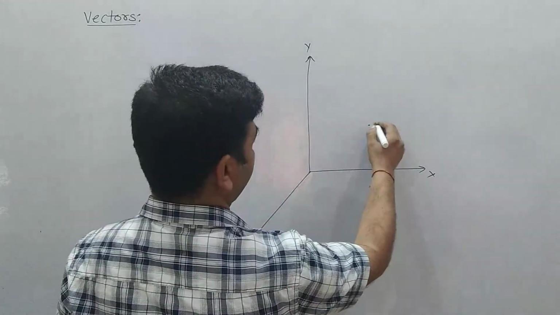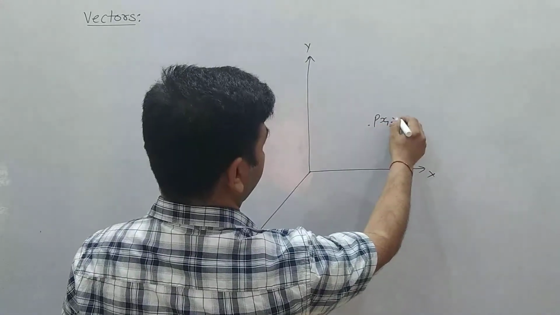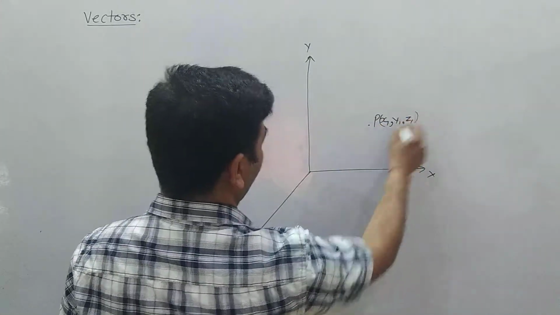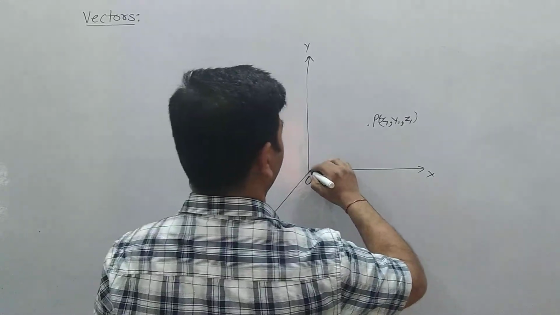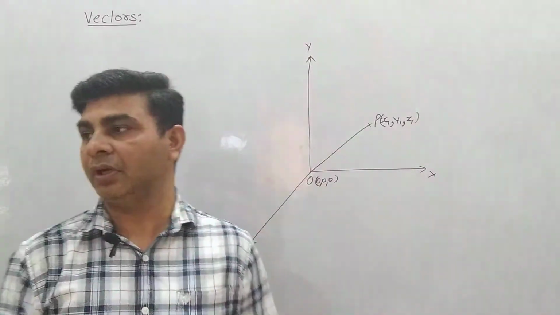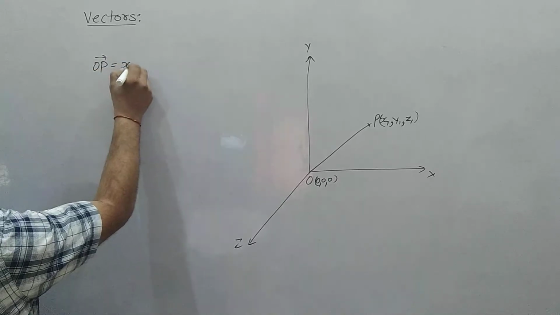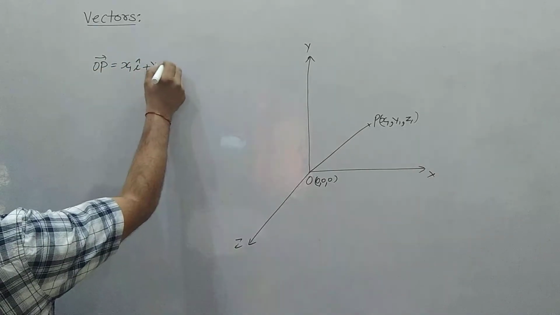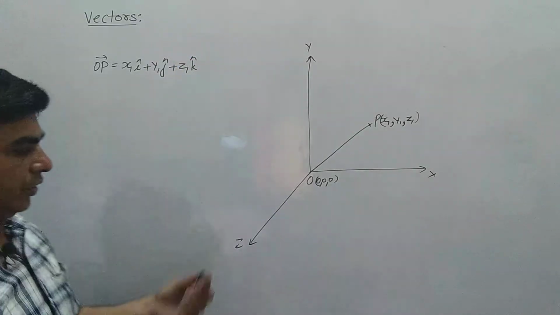Again, let's take P as any point with coordinates x1, y1, z1, and O be the origin with coordinates 0, 0, 0. Then OP will be a vector directed from O to P, and this vector OP is given by x1 i cap plus y1 j cap plus z1 k cap. Already we have discussed this.